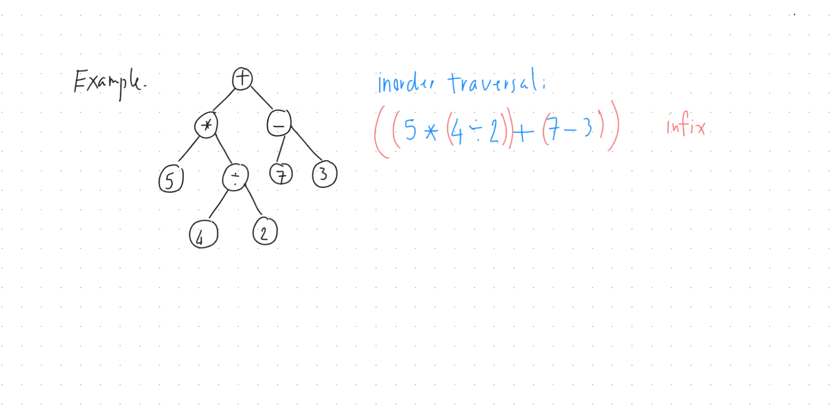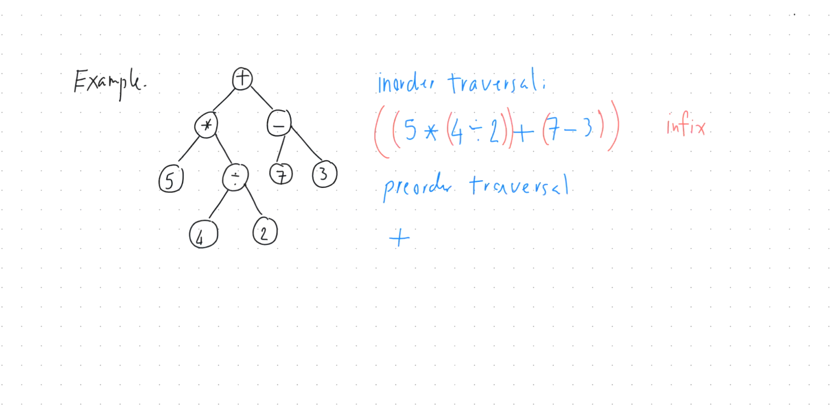Now, similarly, if I use pre-order traversal algorithm, it means root first, then the entire left subtree, then the right subtree. What we end up with is we say plus, and then we go to the left subtree, whose root is that star.